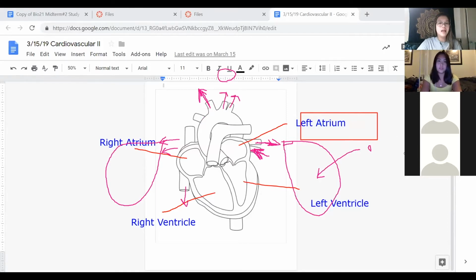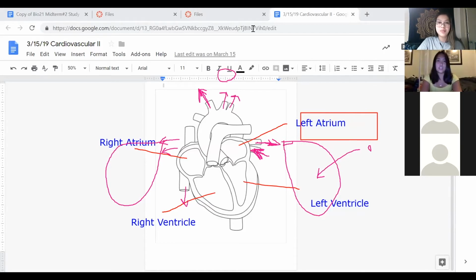I don't think she would ask which parts specifically in the heart push blood away, but if you're interested, this circular thing is the aorta, and this cylindrical looking thing is the vena cava, and those are the ones that push your blood out to the rest of your body. But yeah, I guess we can move on.